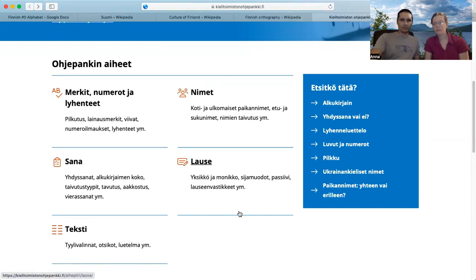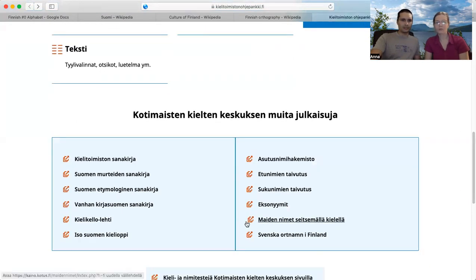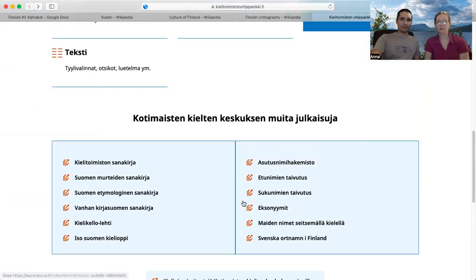A lot of good resources here, like the etymological dictionary and the Old Finnish dictionary. It gives the old forms for the words, and really many good links.